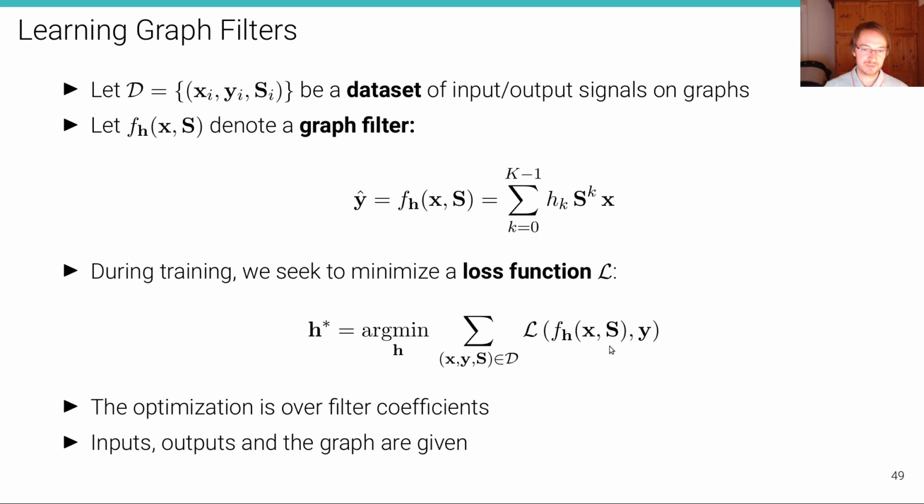And this optimization, this is important, is only over the filter coefficients. The inputs x and the outputs y, and also the graphs, the graph representation in form of the graph shift operator, are provided as prior information.